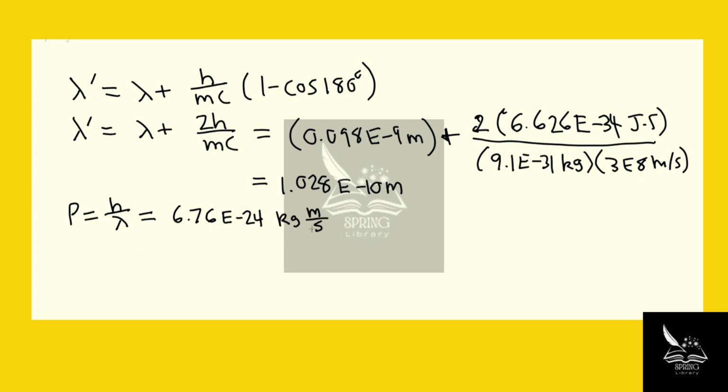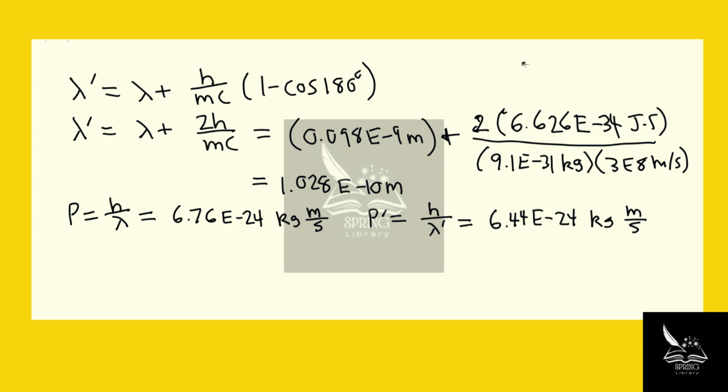So this is the momentum of the X-ray before the scattering. We can similarly get the momentum after the scattering, which is simply h over lambda prime. Upon doing this, we end up with 6.44 times 10 to the negative 24 kilogram meters per second.